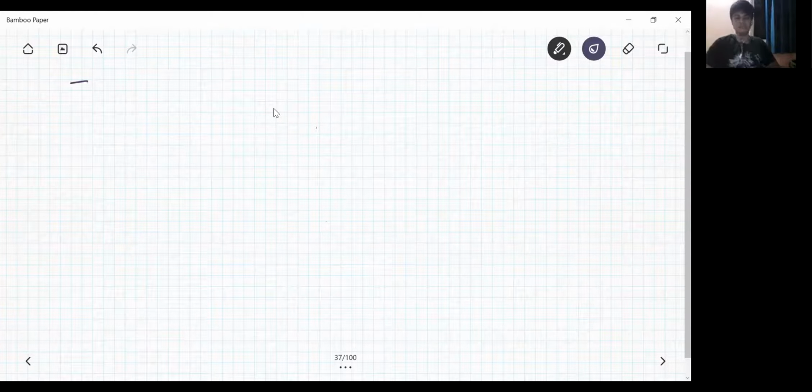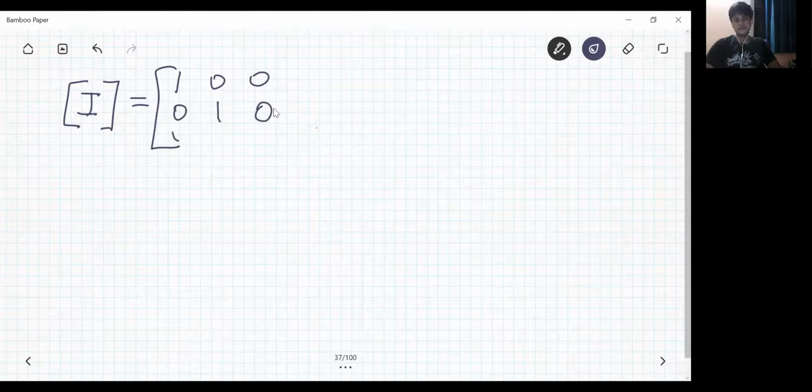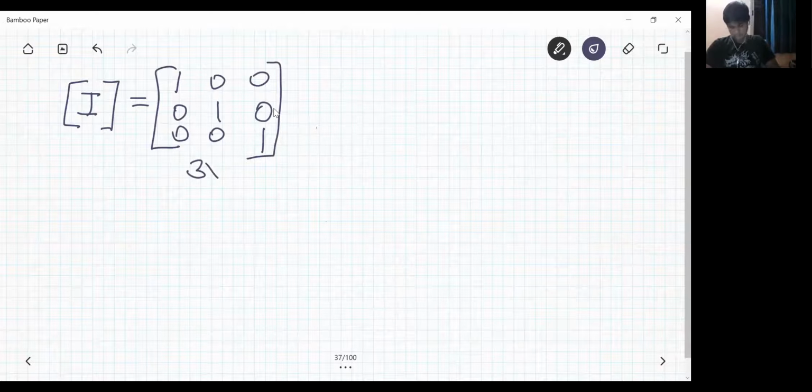So I asked you to write matrix I is equal to 1, 0, 0, 0, 1, 0, 0, 0, 1. So this is a matrix of size 3 by 3.